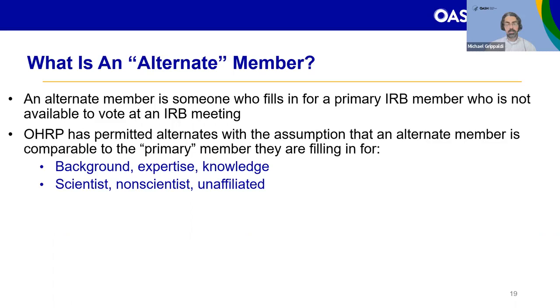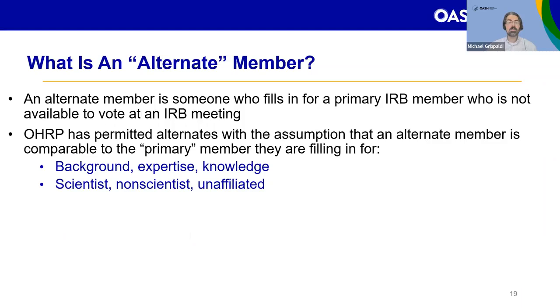So an alternate is designated to fill in for a specific primary member, not just anybody at large. Frequently, IRB rosters will denote who is a primary member and who is an alternate. And if the person is an alternate, the roster will designate who they are permitted to fill in for. Excuse me.